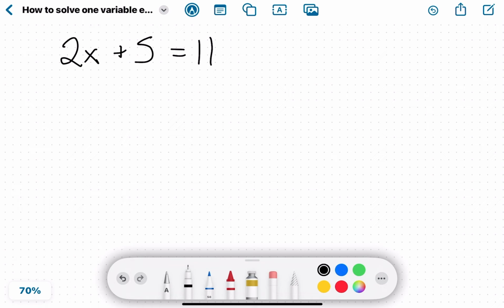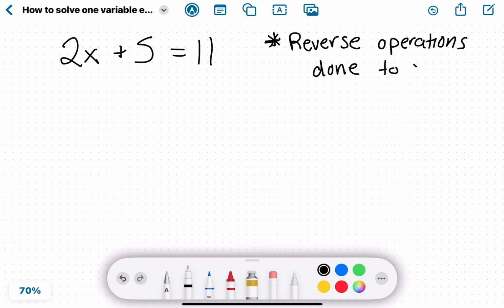So we need to isolate it in order to find it. It's super important. Remember, reverse operations done to x, and the goal is to find x. So let's get started with some steps.